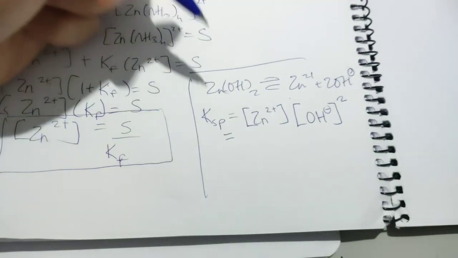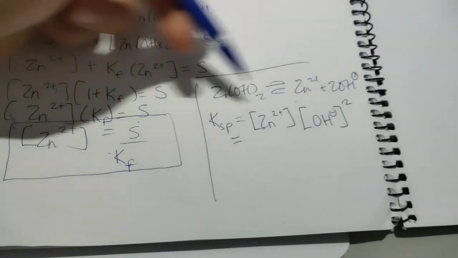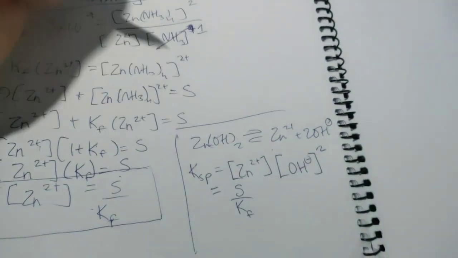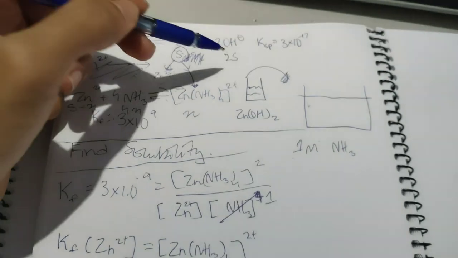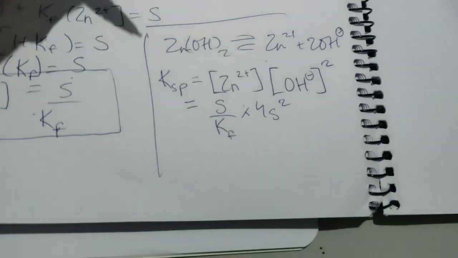So we can plug in Zn2+ as S by Kf, and initially we took OH- concentration as 2S, so this is going to be 4S squared.